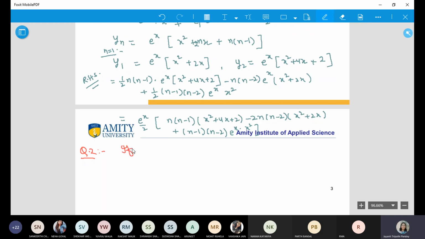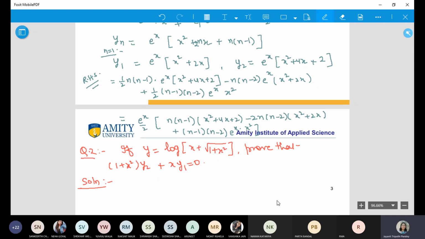Now if y is... prove that... please note down the question. There are two parts of this question.